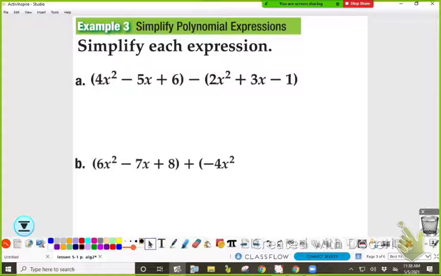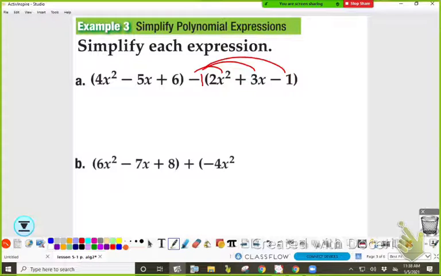There is a subtraction sign between the parentheses, and that means we need to subtract like terms. I would distribute that negative first. If you want to make that like a 1 there and distribute the negative 1 to all those terms, and then you just combine like terms.